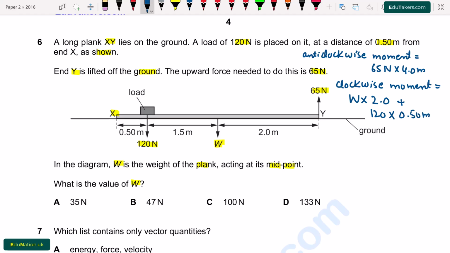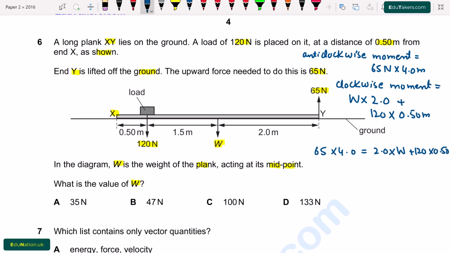Now I have to equalize the anti-clockwise moment and clockwise moment. So I write here 65 multiplied by 4.0 will be equal to 2.0 multiplied by weight plus 120 multiplied by 0.50.